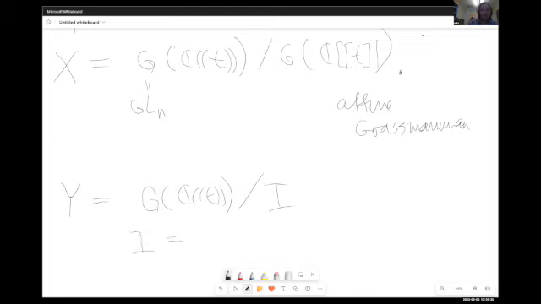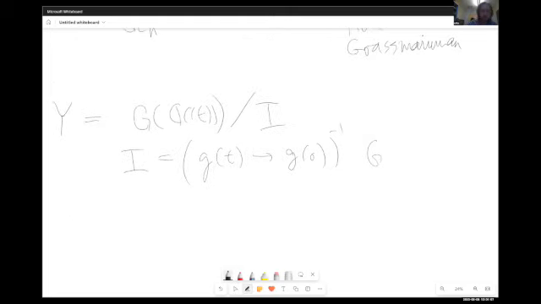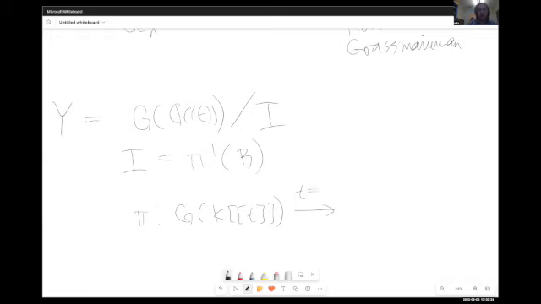And so what this subgroup is, it's the inverse of the map G of T goes to G of 0, the map which takes G with coefficients in the ring of formal power series and evaluates at T equals 0.